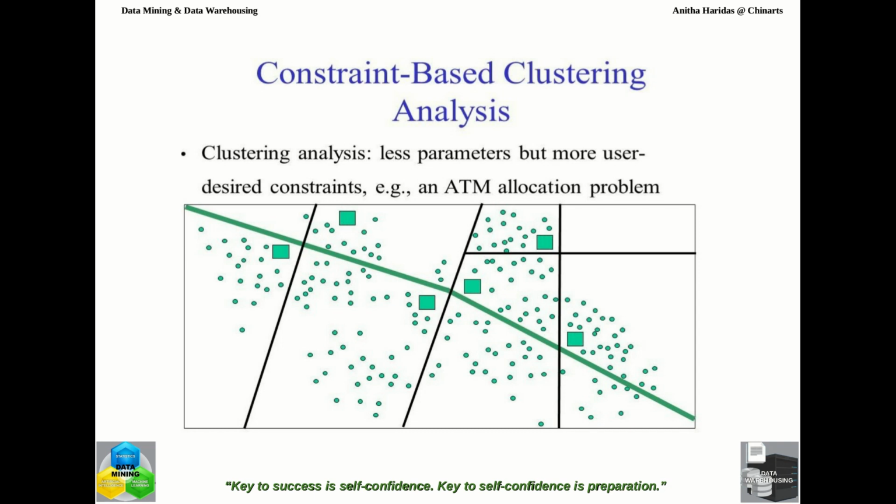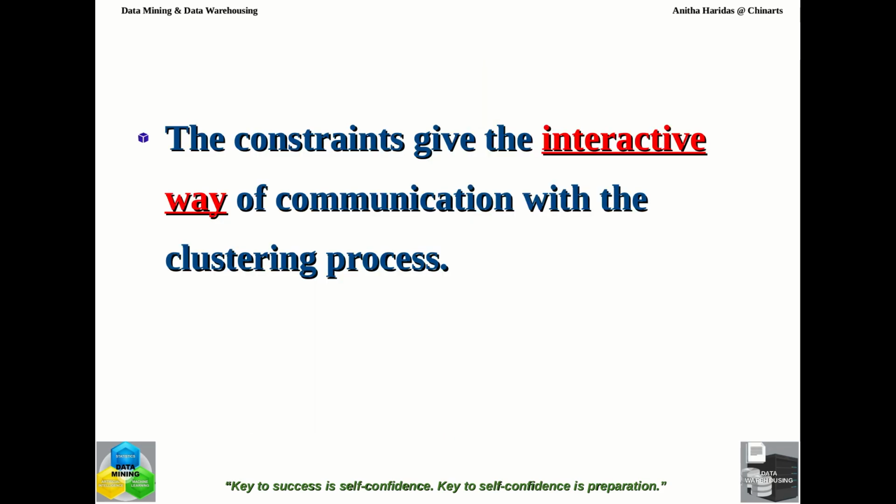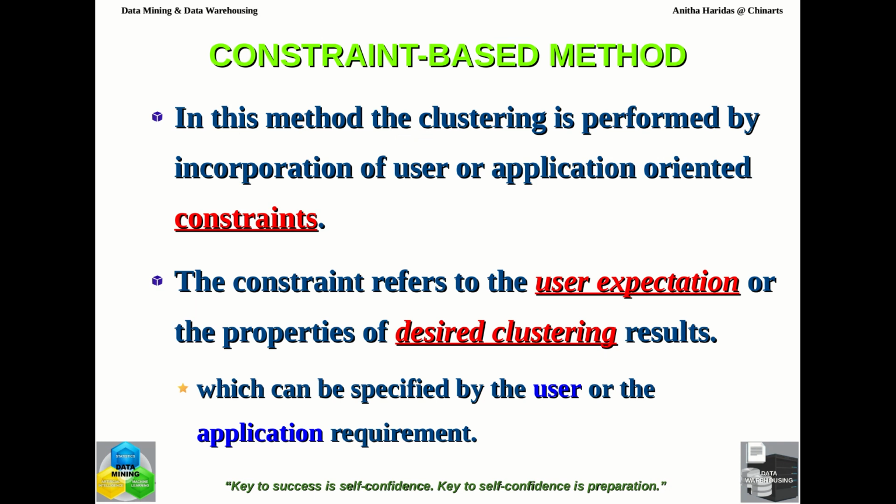Like that, different constraints can be specified by the analyst, which you call constraint based clustering. And constraint based clustering is also helpful to find out the problems with the specified parameters or the specified constraints.